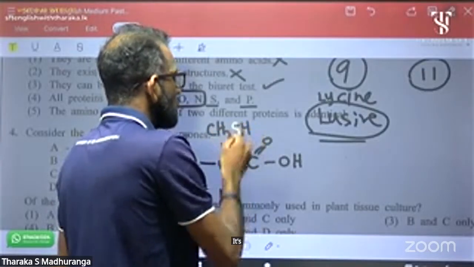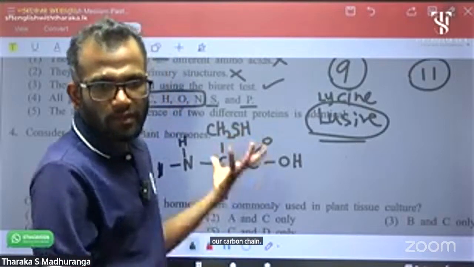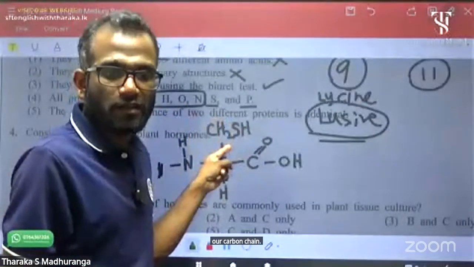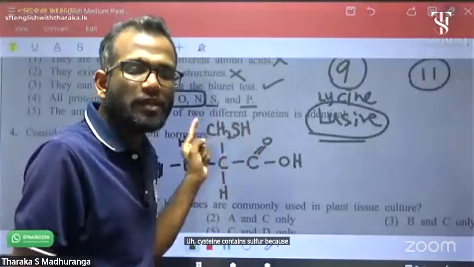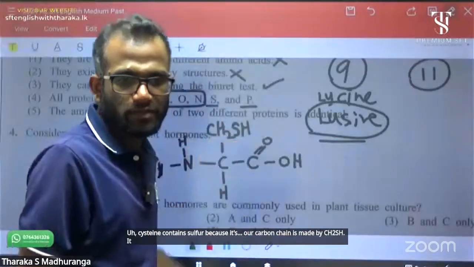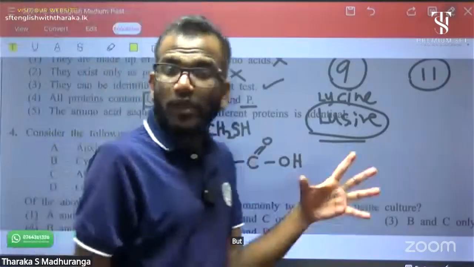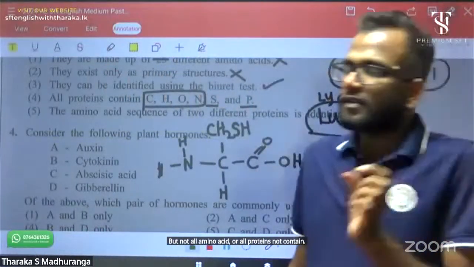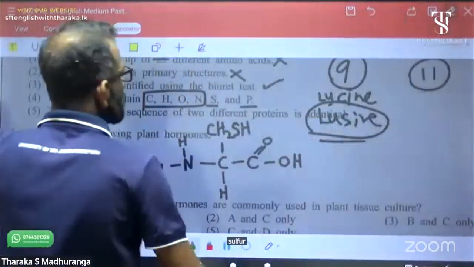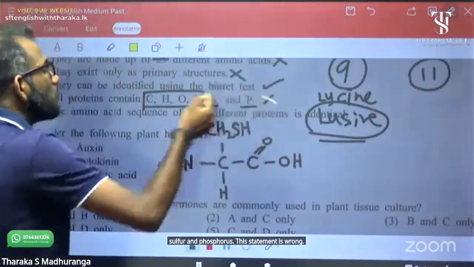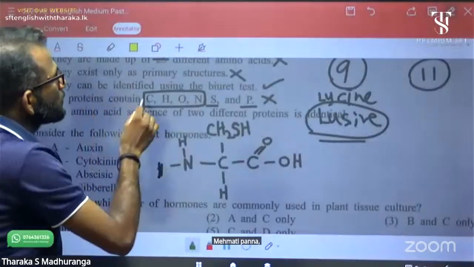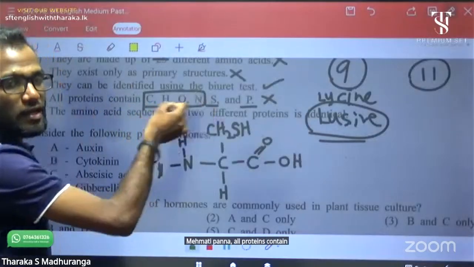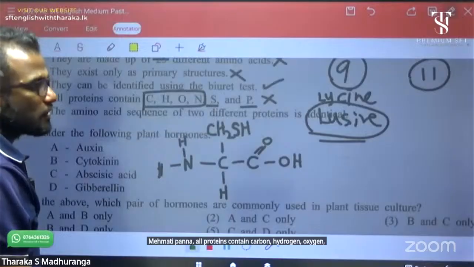Cysteine contains sulfur because its R chain is made by CH2SH. But not all amino acids or all proteins contain sulfur and phosphorus. This statement is wrong. All proteins contain carbon, hydrogen, oxygen, nitrogen. That is correct.